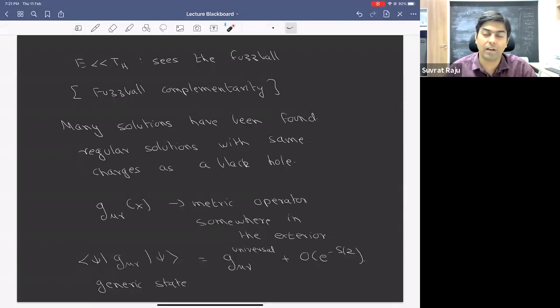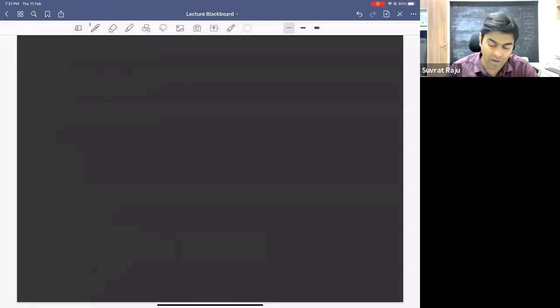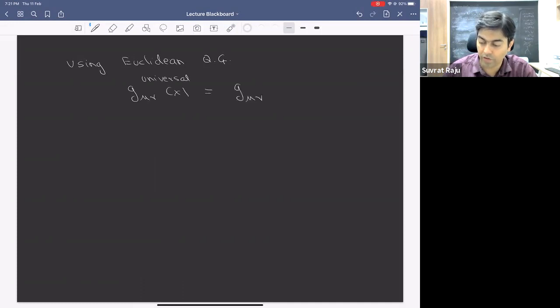In fact, the fuzzball proposal also says that if one were to use Euclidean quantum gravity, then one expects that the typical fuzzball, or this universal solution, is just equal to the conventional solution.